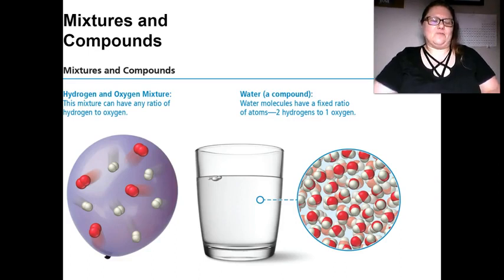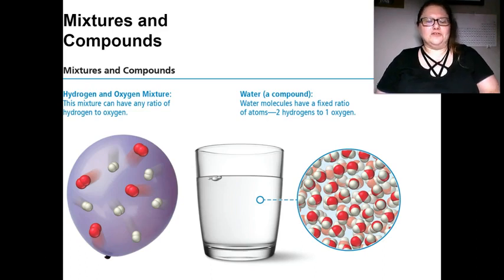So to start us out, we're going to recap what we've talked about previously, and that's mixtures and compounds. A mixture just means different substances are in the same container. On the left, we see a balloon. In this balloon, we have hydrogen and oxygen.